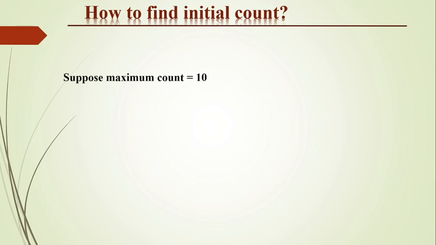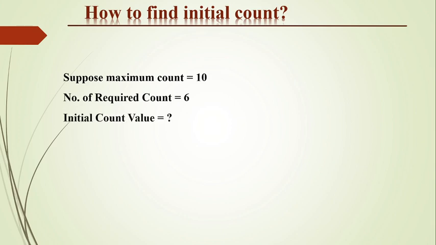So how to find the initial count? Suppose the maximum count is equal to 10 and the number of required counts is 6. That is, there are 10 things maximum and we have to count only 6 things. If we want to count only the last 6 things, what should be the initial count?